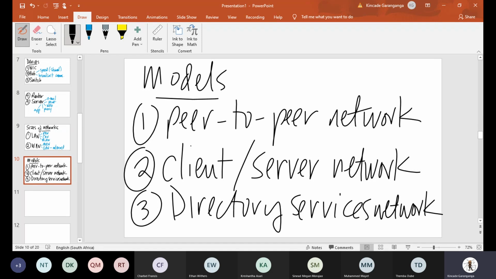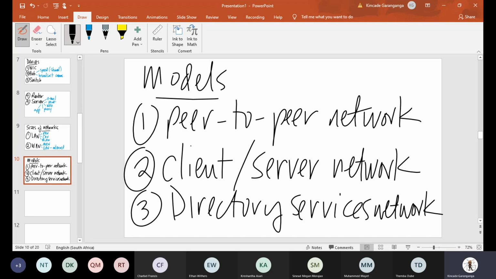With certain terminologies, especially peer-to-peer, you also have Windows versions. You could find the term workgroup, which is just a Microsoft version of a peer-to-peer network in your basic configurations.